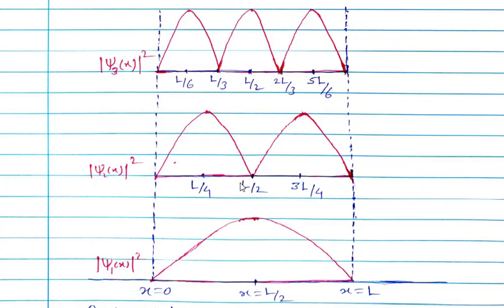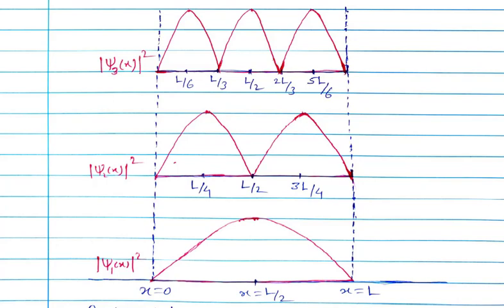It will be most likely found at the L by 4 position and at the 3L by 4 position. Again, if the particle is in the second excited state, it would be most likely found at L by 6, L by 2 and 5L by 6, where we get the maximum amplitude of the probability density function. This clearly indicates that the probability of finding the particle at different places would be different.